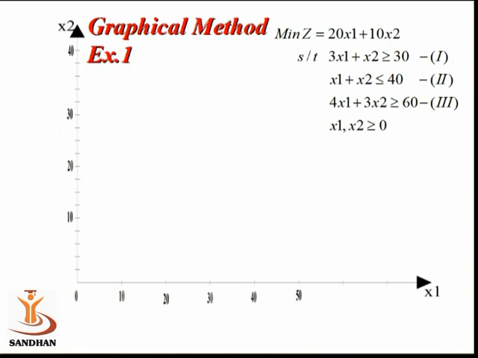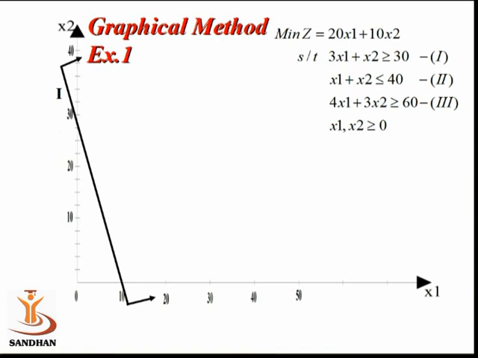Now friends, our first step will be to draw the graph of all constraint equations one by one, first, second and third. Let us see one by one. As we have already discussed how to draw the graph, again I am repeating here. In place of greater or equal to, we will take equality here: 3x1 plus x2 equal to 30. When I take x1 equal to 0, I will get x2, and that is going to be 30.